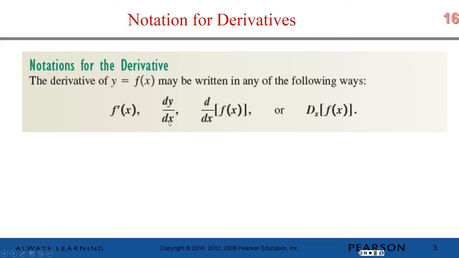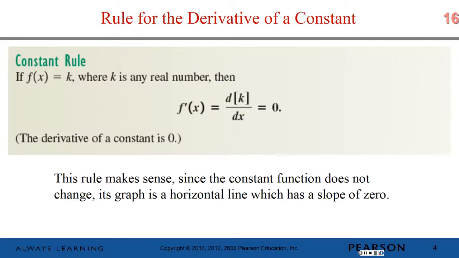This is called differential notation, and it's actually useful in a later chapter because it makes you able to remember a technique we're going to use later if you've got it in fraction form. But this is my favorite notation. It's just f prime of x. If the function is f of x, f prime of x is the best way to express its derivative.